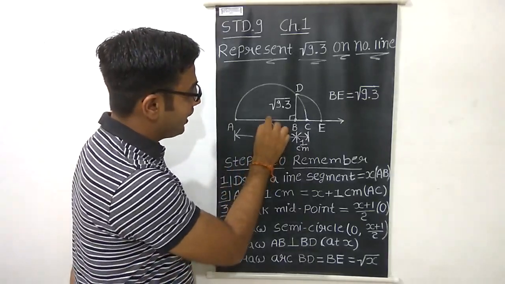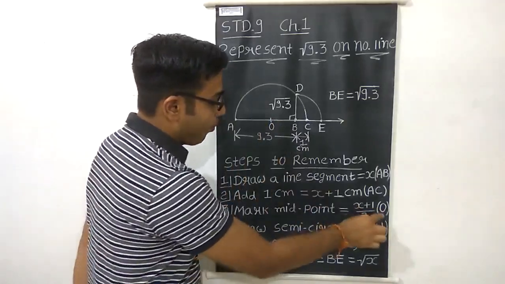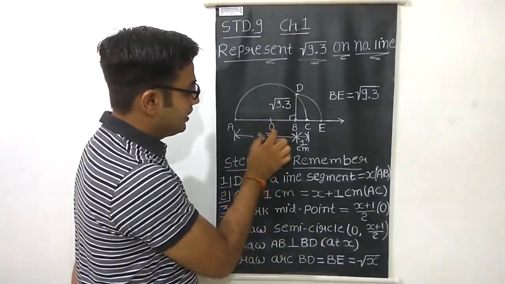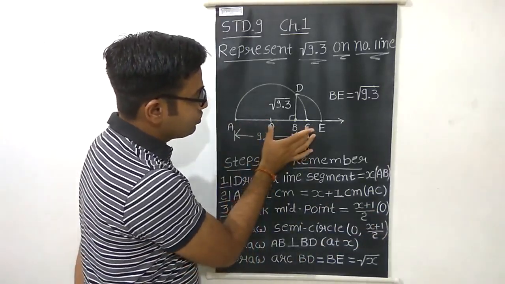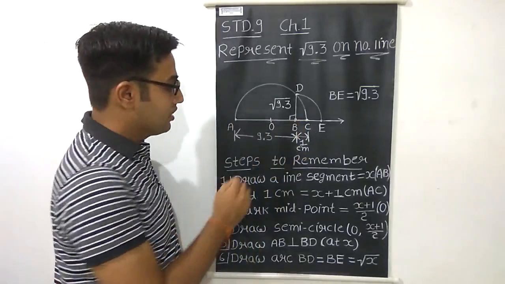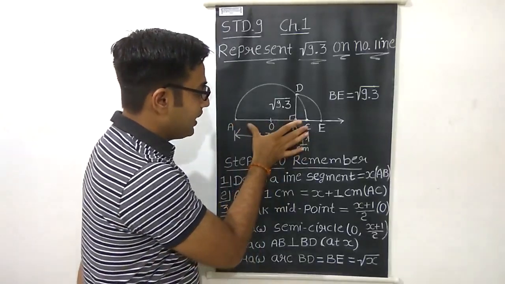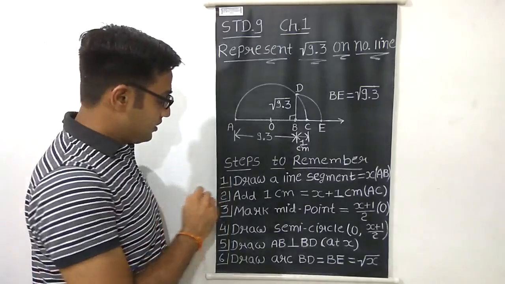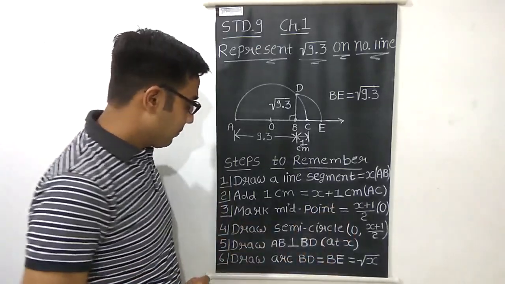Here I have marked that point as O. So the OA distance is equal to the OC distance, because O is the midpoint of AC. This is the third step.